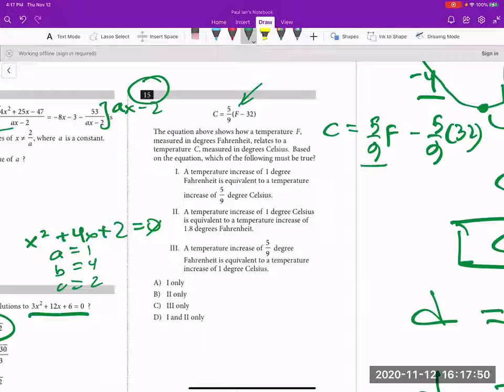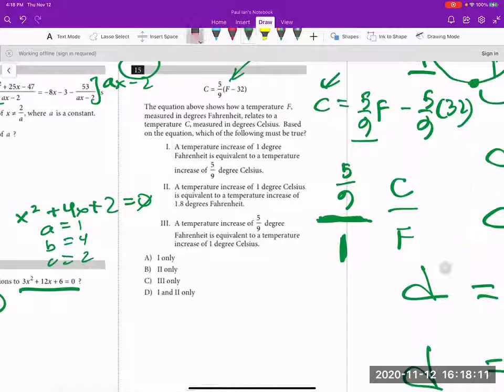It's pretty much y equals mx plus b, right? Y here is Celsius. And this is equivalent to 5/9 over 1. So it's y over F, rise over run. Y meaning Celsius and F meaning Fahrenheit, right?